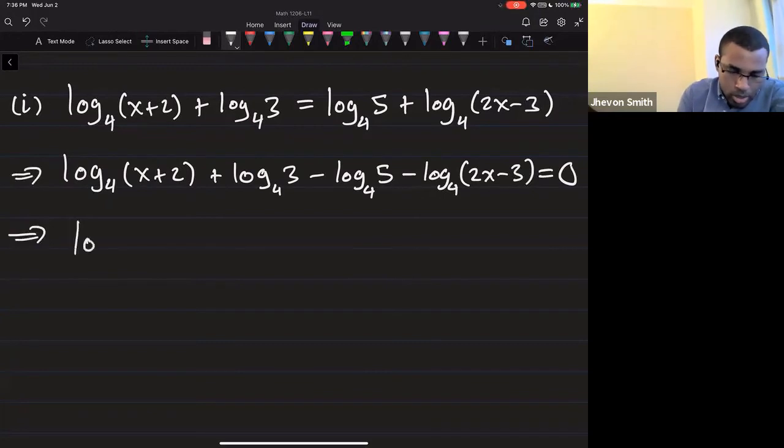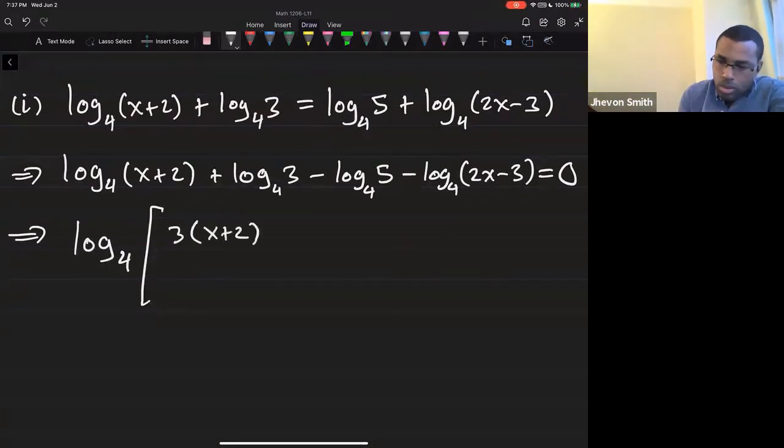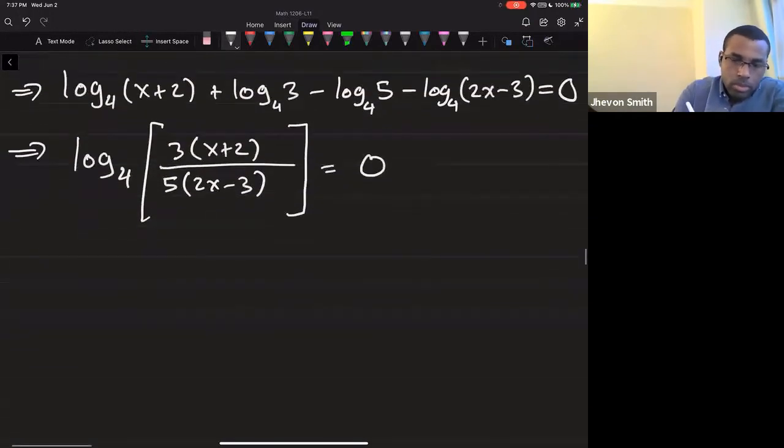Bring all the logs to one side because I want to combine them into one big log. So it's going to be 3 times x plus 2 divided by 5 times 2x minus 3. And raise both sides to the 4.